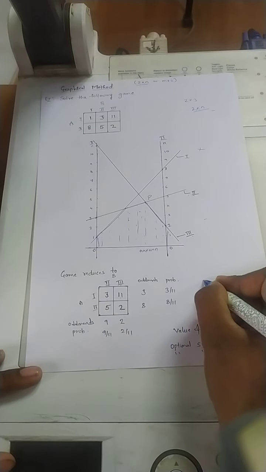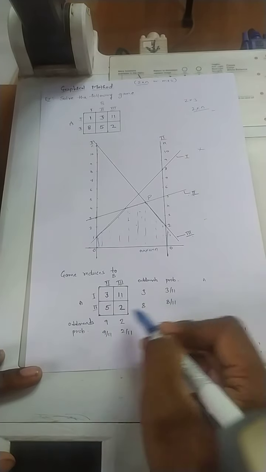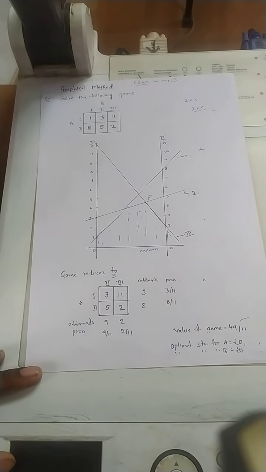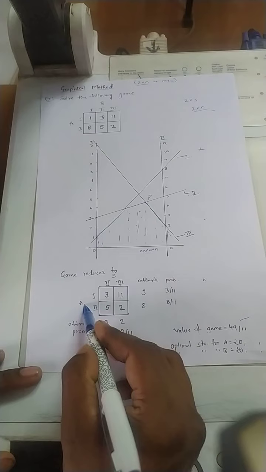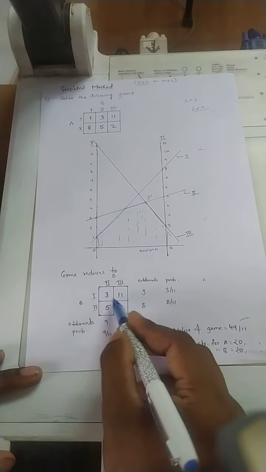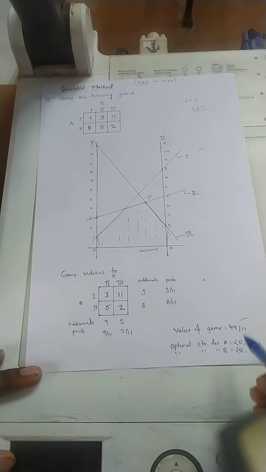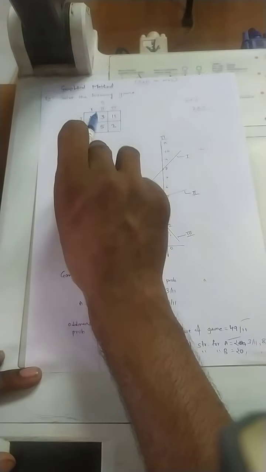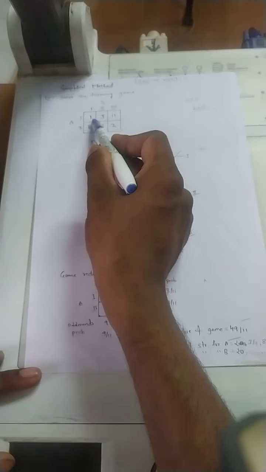Now we can apply the arithmetic method by calculating oddments and probabilities. Then we will find the value of the game as we have seen in the previous video. So the value of the game will be 49 by 11. The optimal strategy for A, because A has only 2 strategies, will be 3 by 11 and 8 by 11. But for B, there were 3 strategies in the beginning, and we have eliminated the first one.